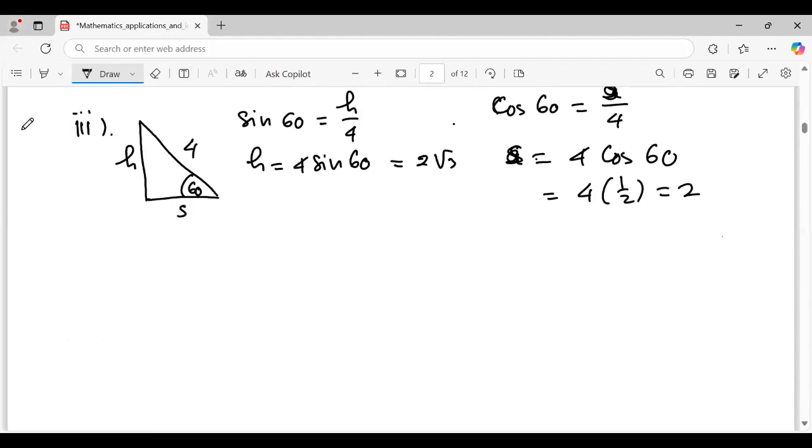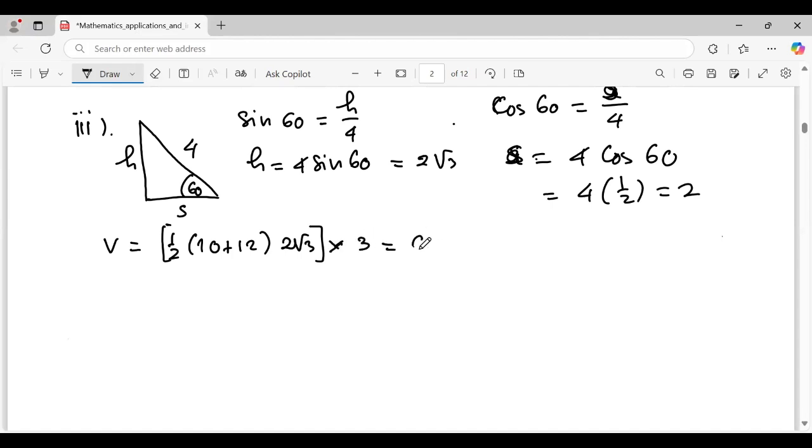After that, we can calculate the volume: 1 half times 10 plus 12, and the height is 2 square root 3, multiply the width 3.